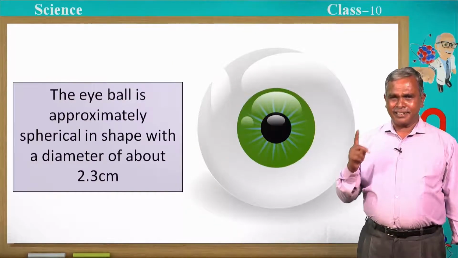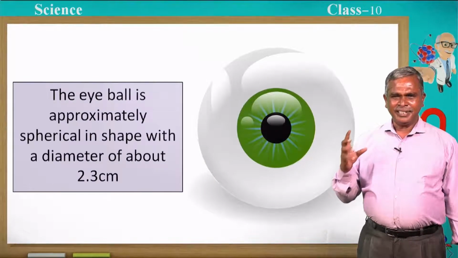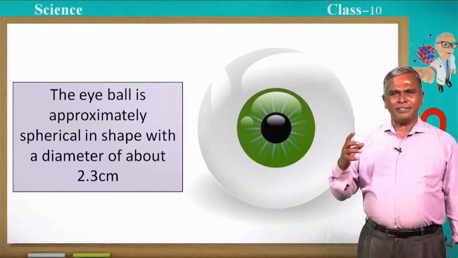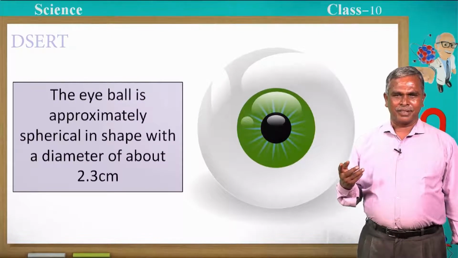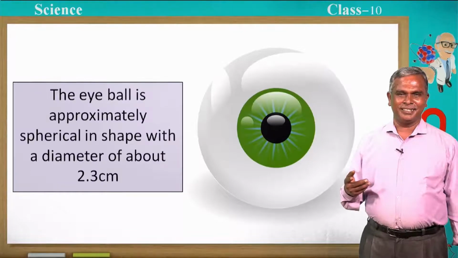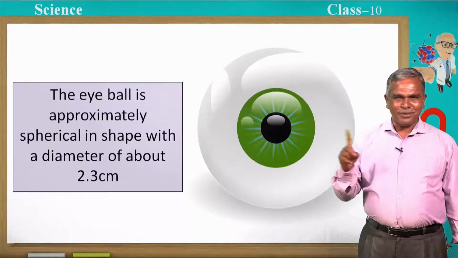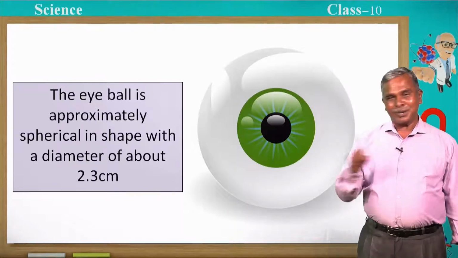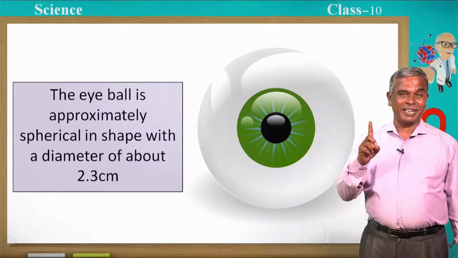Actually, there is another interesting fact about the human eye. In our body, all organs are growing throughout our life, at least up to a certain period. But there is one organ which never grows throughout our life, it remains the same, that is the size of the human eye.